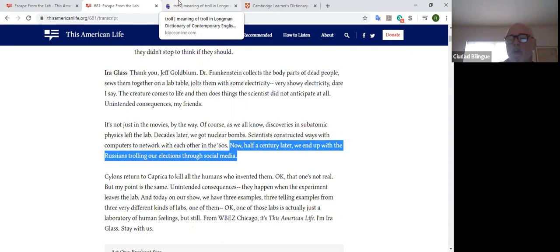And to make it more dramatic, and to indicate how much time has happened since the previous sentences, this is something that you learn when you start to construct paragraphs, that you are referring to earlier sentences, right? So half a century later means half a century after what?